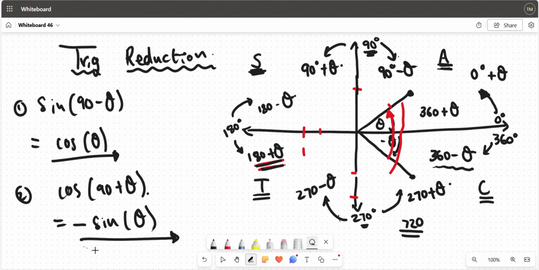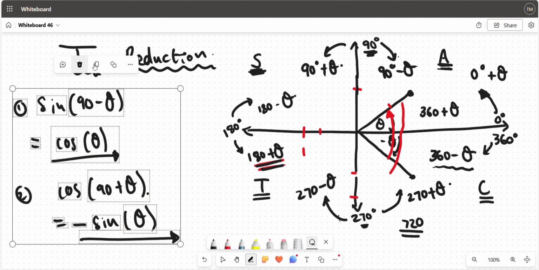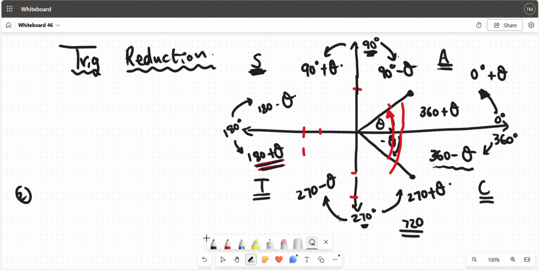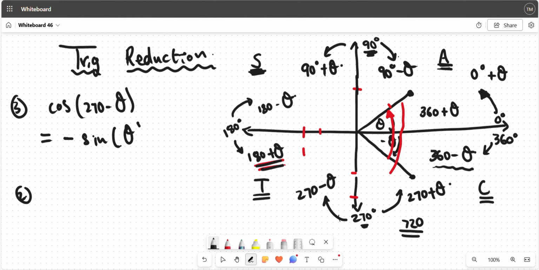Let me do more reductions of these so you can see more. What if we had, number 3, cos of 270 minus theta? So this would put me in this quadrant, and cos in that quadrant is negative. And what I should never forget is that it changes into a sine.